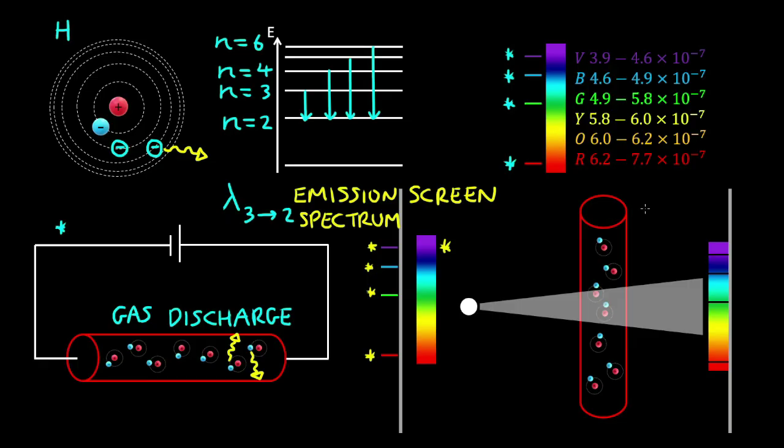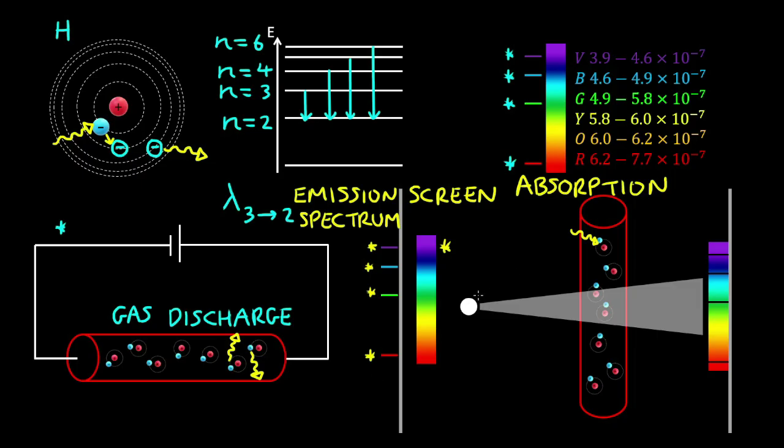Now on the other hand, to obtain the absorption spectrum of hydrogen, we can shine a beam of white light through a container holding the hydrogen gas. So in this case, the electrons in the ground state absorb a photon and they jump to an excited state.